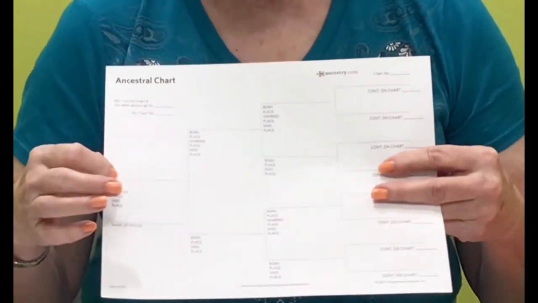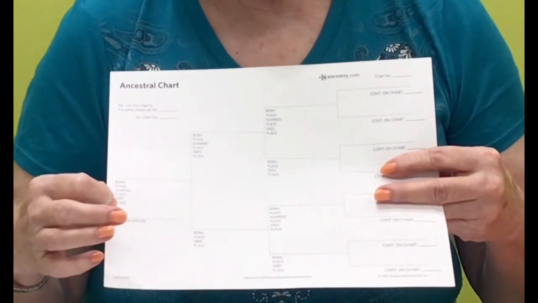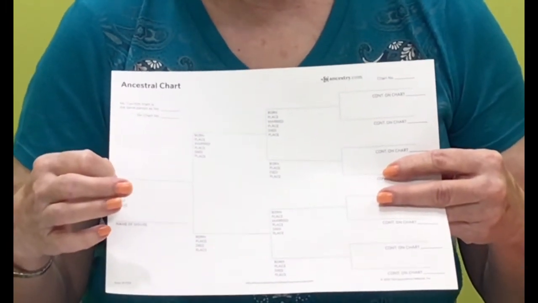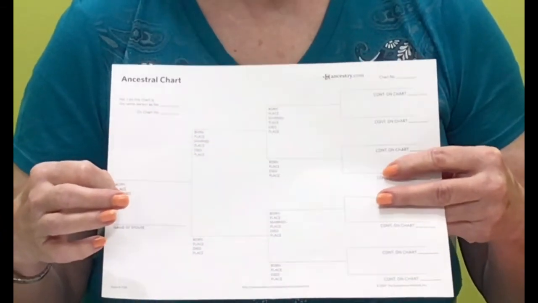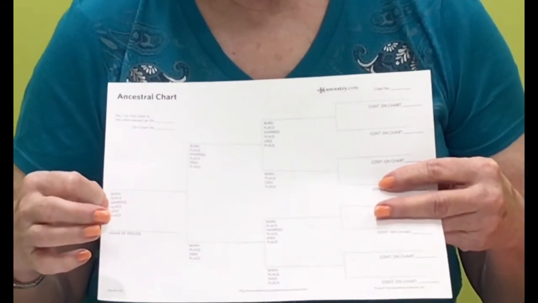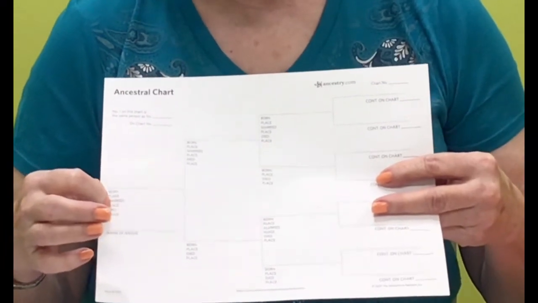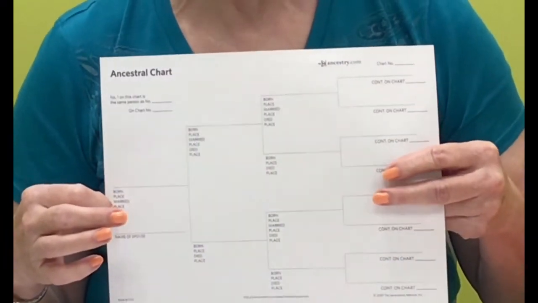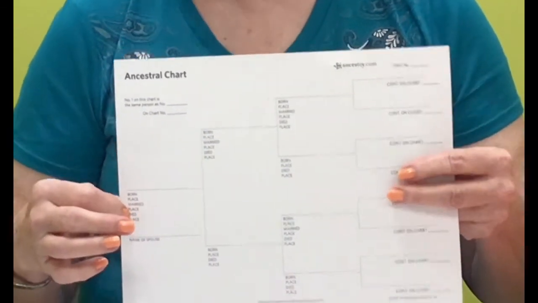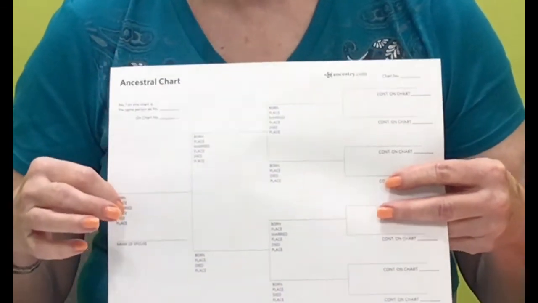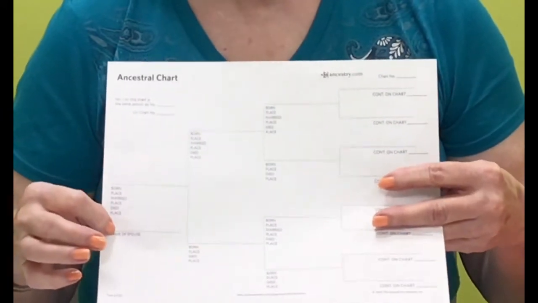Your name and then the information that it asks for. When were you born? Where? Married? To whom? Where did you get married? And then later, someone else can record your death date. We don't want you to have to do that today. And then the name of the spouse.